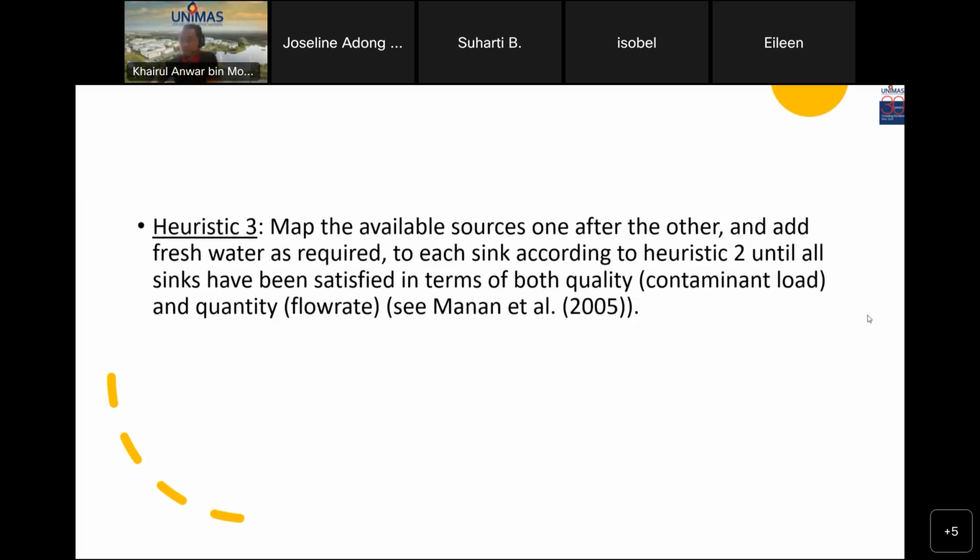Heuristic 3: map the available sources one after the other and add fresh water as required to each sink according to heuristic 2 until all sinks have been satisfied in terms of both quality and quantity.